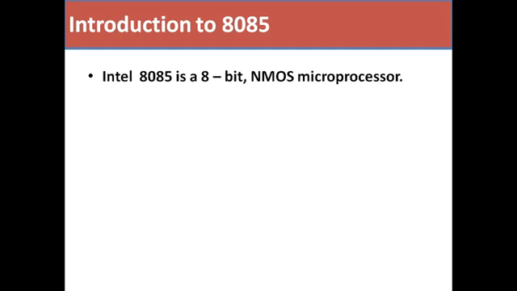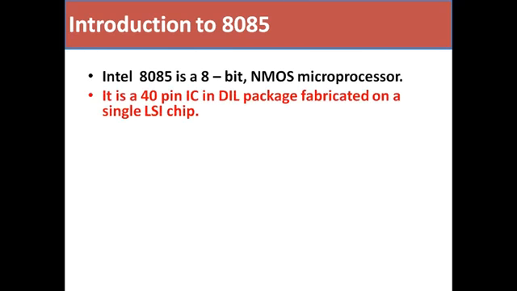Now, we all know NMOS platform means N-type metal oxide semiconductor. It was first packed in a dual line package. DIL is dual inline package, which was having 40 pins, and it was fabricated using large scale integration technique.